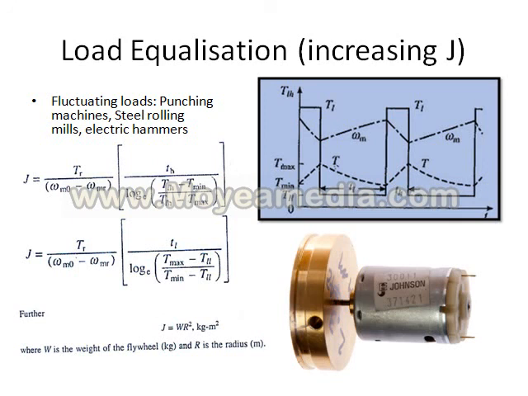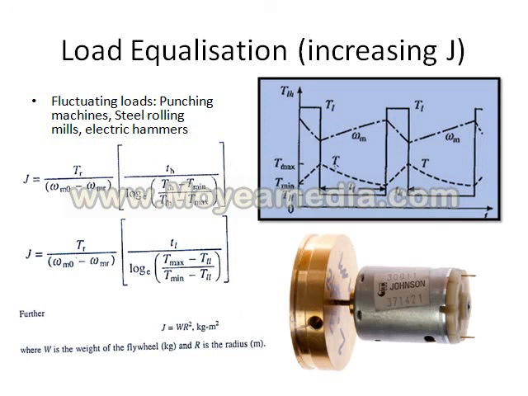During the high load period, load torque will be much larger compared to motor torque. So deceleration occurs if your motor has a drooping speed torque characteristic. When deceleration occurs, it will produce a large dynamic torque J d omega by dt. Dynamic torque and motor torque together will now be able to produce the load torque.